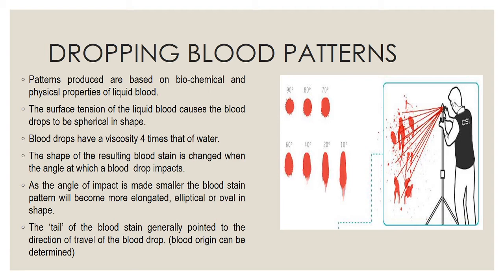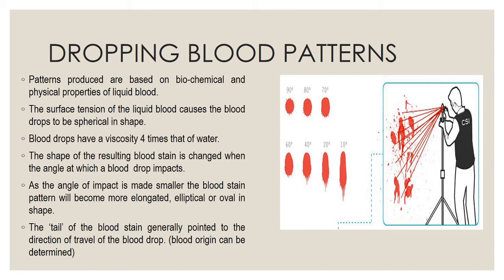And then it possesses an adhesive quality, and that provides for a small amount of blood to adhere to most surfaces. So blood stains adhere to most surfaces, whether hard or soft, non-porous or porous, because of its adhering quality.